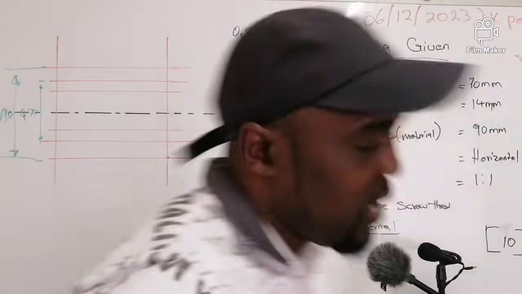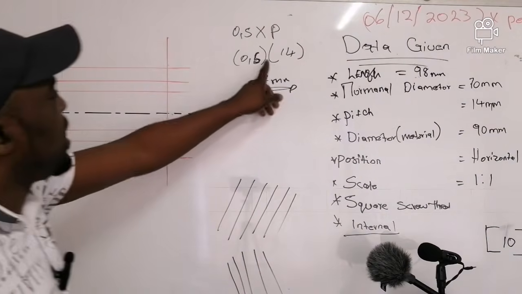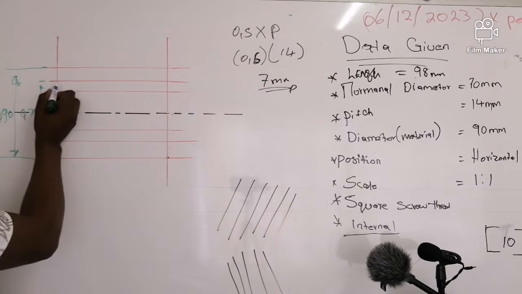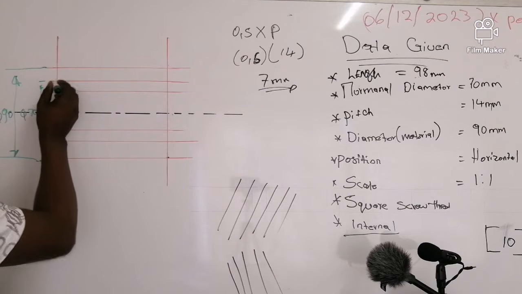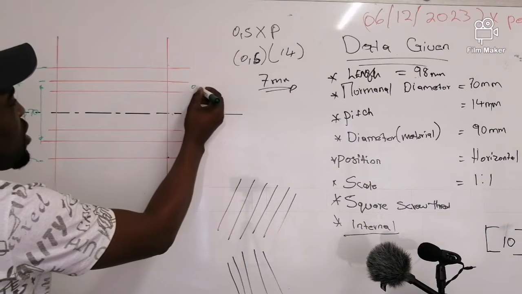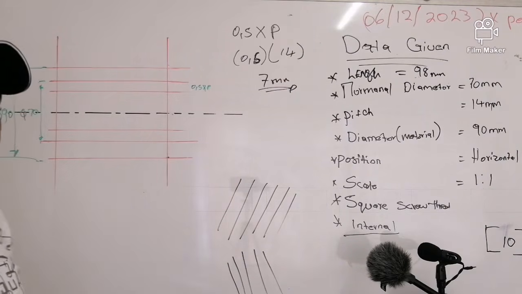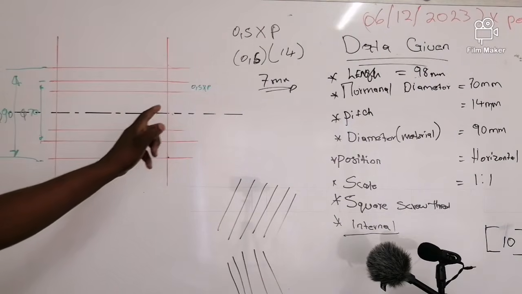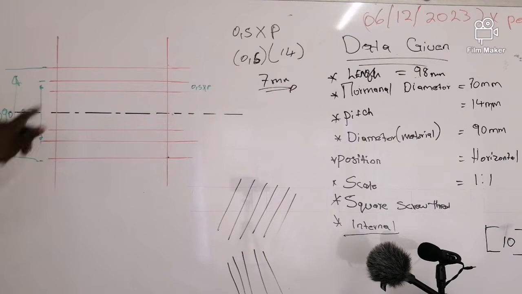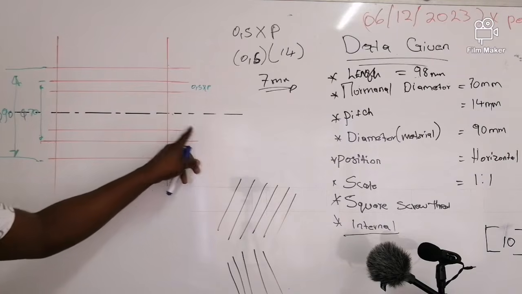So in this case, we are drawing a square screw thread internal, so that is why, right from our internal diameter going towards your center line, we get the half pitch. So from here till there is 0.5 times pitch. If you can follow your textbook, they dimension it like this. So again from here till there towards your center line, it's a half pitch as well.